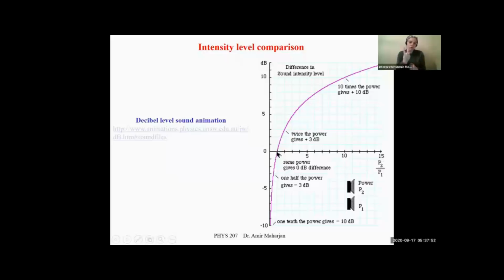Here's the same power, and you double the power here, triple the power here, five times the power here, ten times the power here. Then how much will the decibel increase? Clearly it doesn't go linearly, it goes logarithmically.